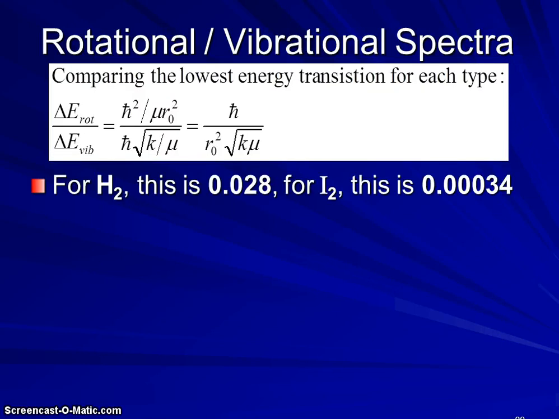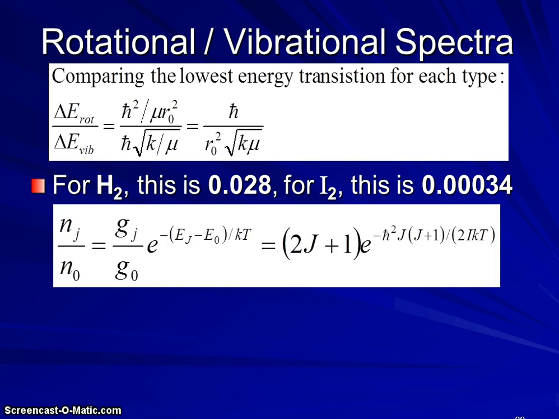We put all the appropriate numbers in for hydrogen molecule and we get 0.028. So there's only 2.8% the amount of energy associated with the smallest rotational transition compared to vibrational. For I2, we put in the numbers associated with I2 and we get an even smaller number, less than a percent. Far less than a percent, in fact.